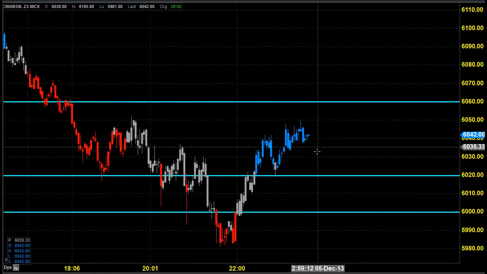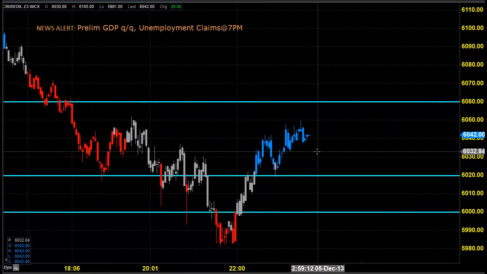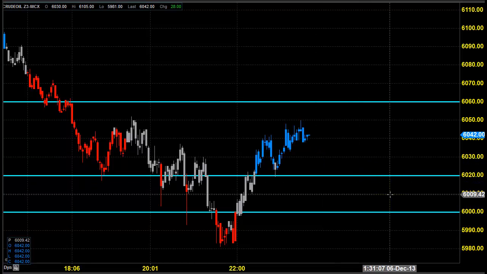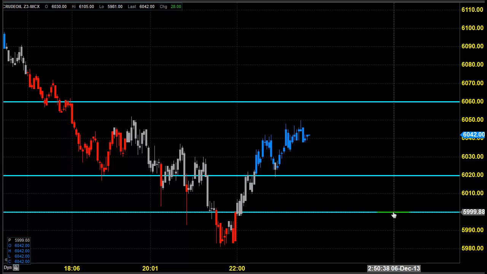So that is quite a good opening. Today also we are expecting the price to continue and maintain the uptrend, having 6020 and 6000 as a key zone.